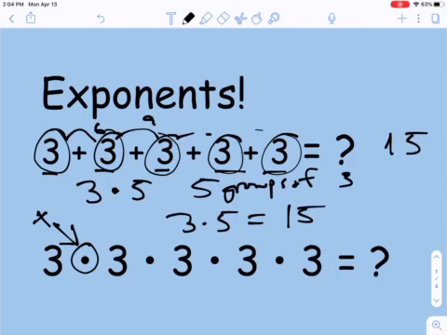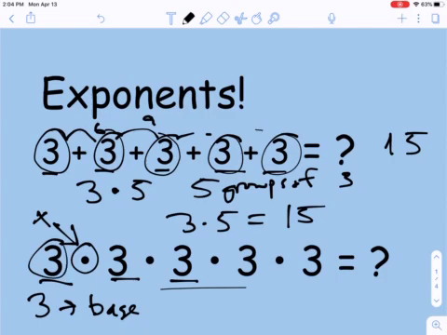So if we want to write something like this, there's a much faster way of writing it, and it's through using exponents. The way it works is you take the factor that's being repeated, and this factor, 3, is going to be our base, and then our exponent is going to be the number of times we repeat that base.